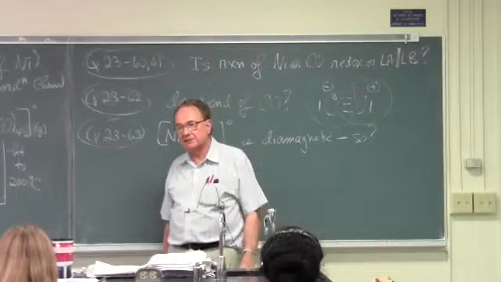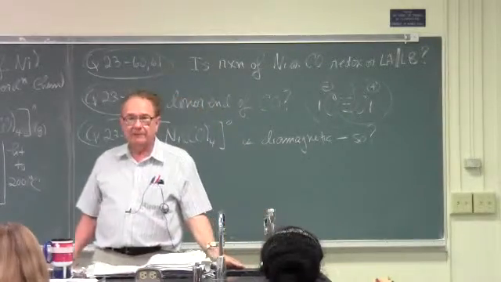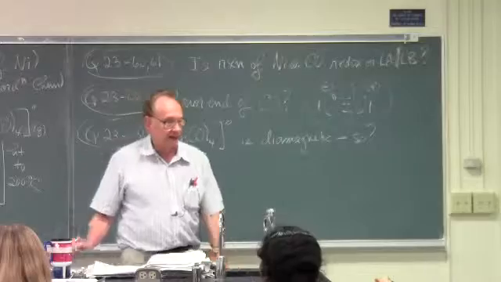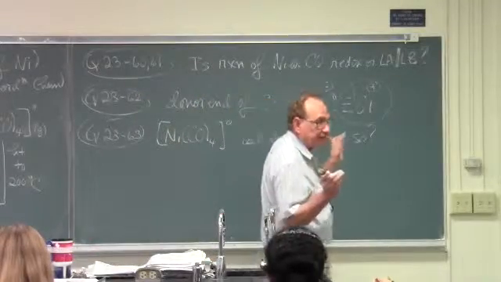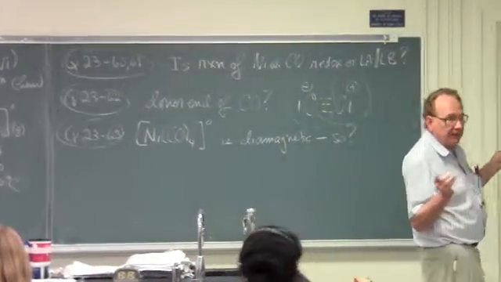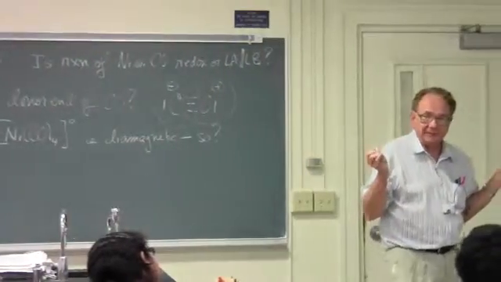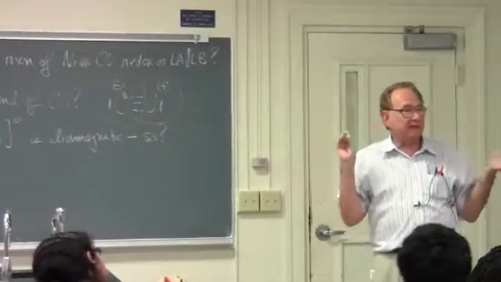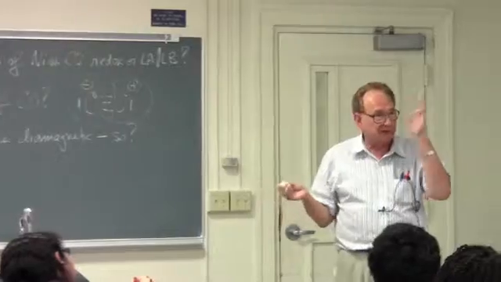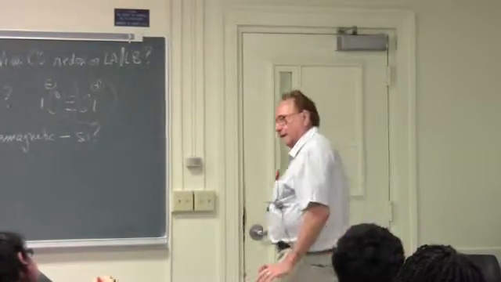So three possibilities exist. Carbon monoxide behaving as a Lewis base uses exclusively the carbon atom non-bonding pair, exclusively the oxygen atom non-bonding pair, or depending upon the environment, one or the other. Those are three possibilities. How do you vote?